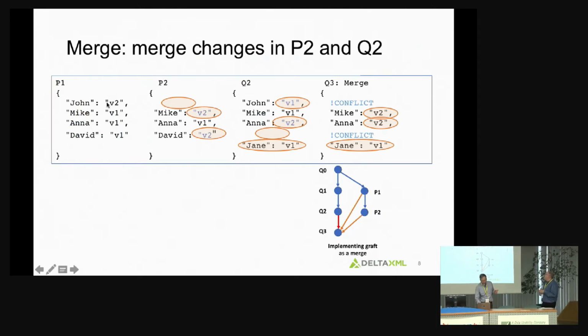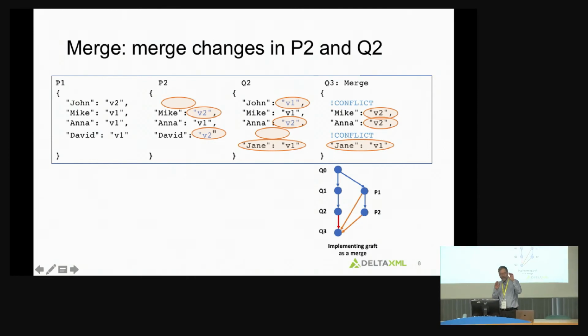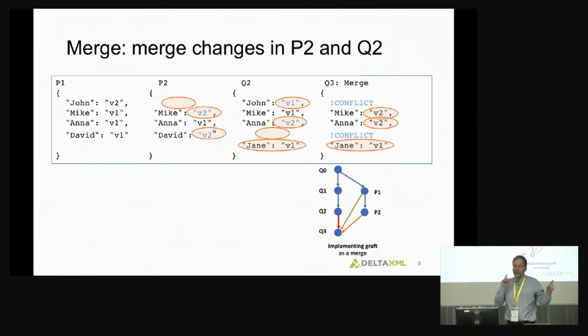But if you look at this, John, you've got V2 there in P1, and you've got V1 here. So what has actually happened here is that the data has been changed between Q0 and P1, not between P1 and Q2. So where the change has happened, you don't know without actually having a fourth file in there to work out what's going on.